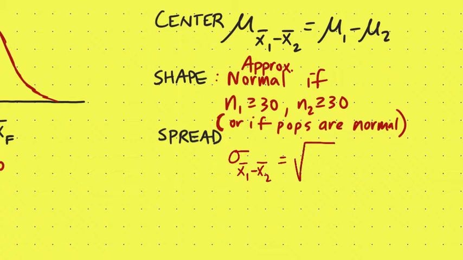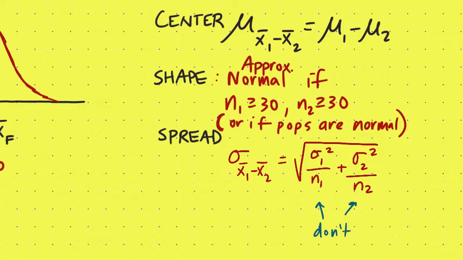The spread of this approximately normal curve is the square root of the true standard deviation 1 squared over the sample size 1 plus the true standard deviation 2 squared over sample size 2. Your two samples don't have to match, by the way. A lot of times you'll do 50 from each state or something like that, but it doesn't have to be that way.